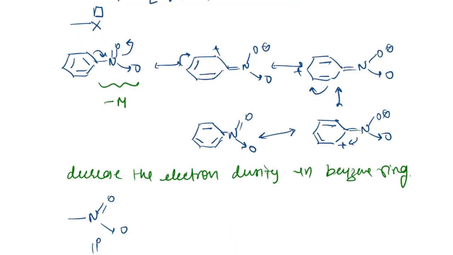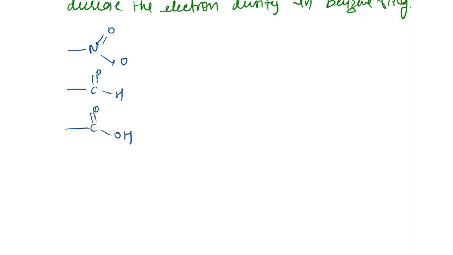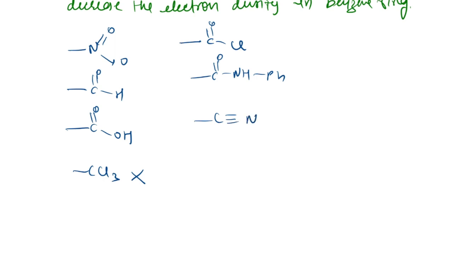So C double bond OH and CCl3, C double bond OCl. Will CCl3 show or not? Tell me. Yeah, it won't show because it doesn't have any lone pair and it doesn't have that X double bond Y type of group. C double bond O, NH, PH, C triple bond N cyanide, CH2 plus and BH2. These all will show minus M effect.